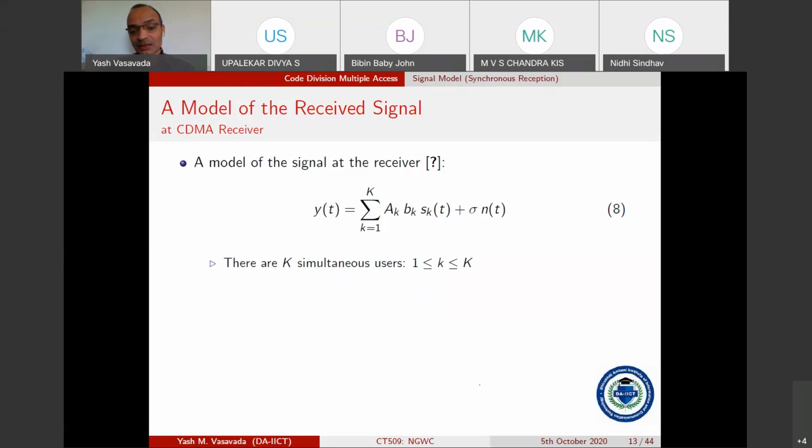Suppose out of these 100 users, some 20 people have questions, and if all 20 of them simultaneously start asking questions, then obviously it's going to be a mess. You can't get the communication link to work in any meaningful manner. So maintaining orthogonality makes a lot of intuitive sense.